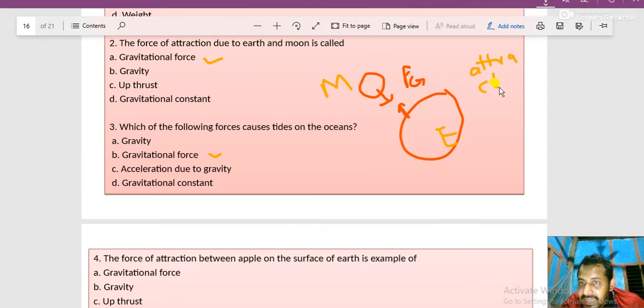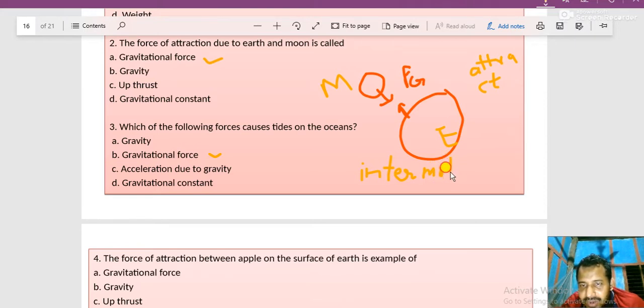Because of the intermolecular force. Water is made up of water molecules, and that is called intermolecular force.